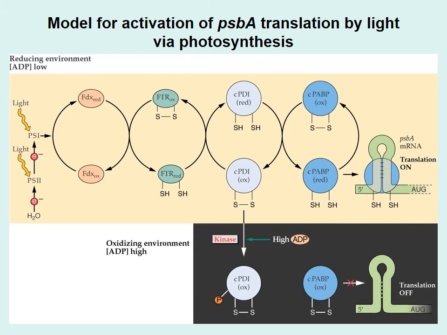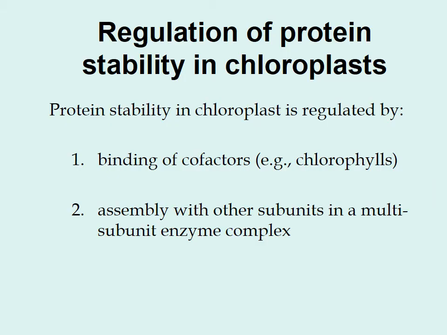So the kinase activity will be inhibited, and eventually the translation will be shut down. So in the reducing environment, that is the light environment, the translation will be on, and in the darkness or oxidizing environment, the translation of the protein will be off.